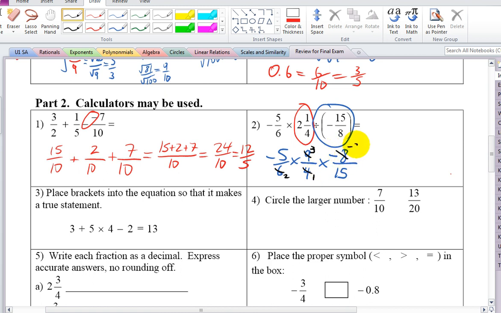What about 5 and 15, or negative 5 and 15? Yeah. Even though they're far apart, you can still cancel those. Don't forget your negative sign. Anything else we can do, folks? Because there's more. Yeah, 3 and 3, and 2 and 2.